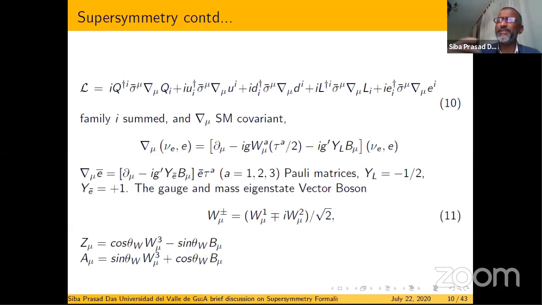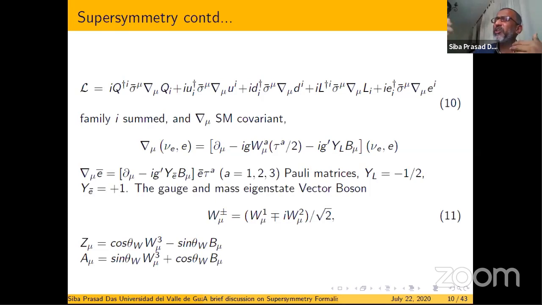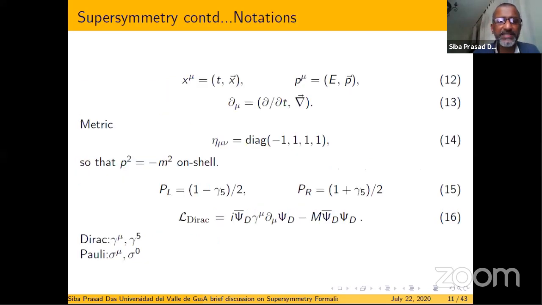So you have to have some kind of connection with the gauge field, and that gives the covariant derivative. Depending upon your gauge group, you have corresponding terms. For example, this is the term of the SU(2), this is the term of the U(1), so that the whole Lagrangian is gauge invariant. And from the standard model, you get W and Z boson masses because of this mixing. So this is basically the Yukawa term of the standard model, which is very important, and we'll see later.